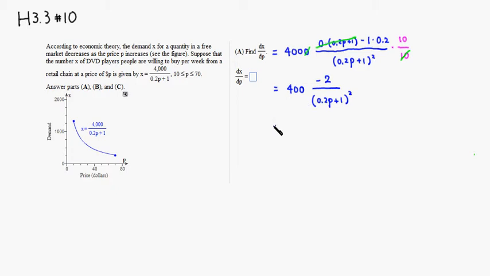Multiplying out, it's negative 800 divided by 0.2p plus 1 squared. Let's type it in.